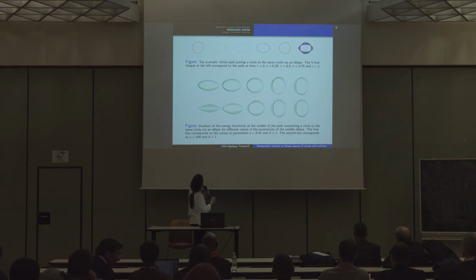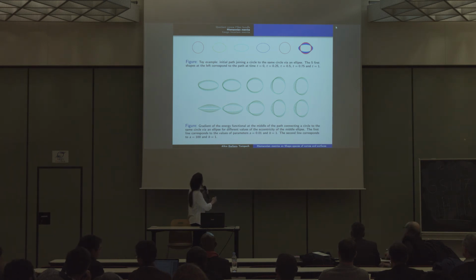The first line is for a small value of A over B, and the second line is for a big value of A over B. So in the second line, you see that even if the ellipse has a really big eccentricity, the gradient will tend to make your ellipse more round. That's what you expect. And if you vary the eccentricity, it's always exactly this behavior.